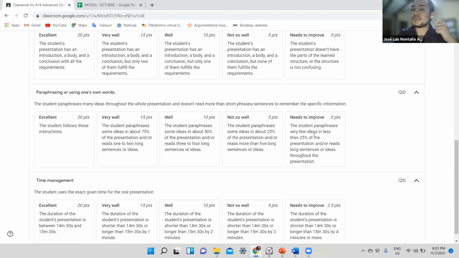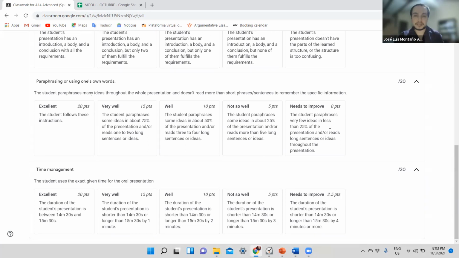So if you don't paraphrase, if you read long sentences or ideas, as I said before, and only 25% was for paraphrasing, then it's going to be like a 0 over there, right? That's the big change. I wanted to tell you that again, taking advantage of the time in which most of you are not here.